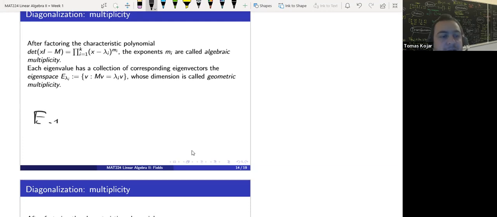So let's see what we have. E of minus 1 is all the x's such that M of x is lambda, or minus 1, times x.